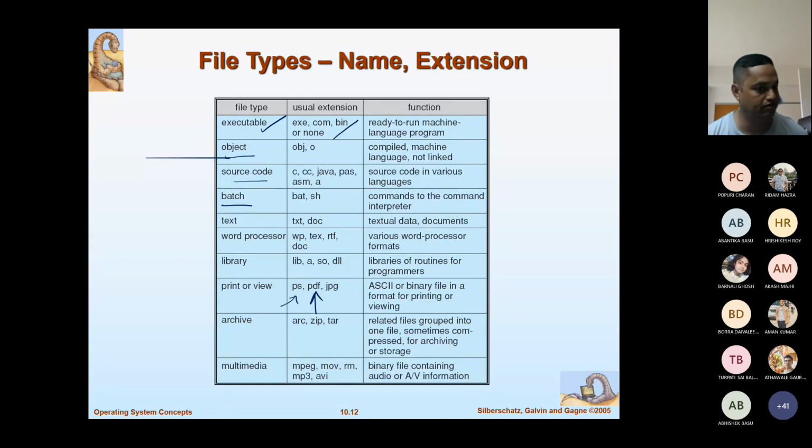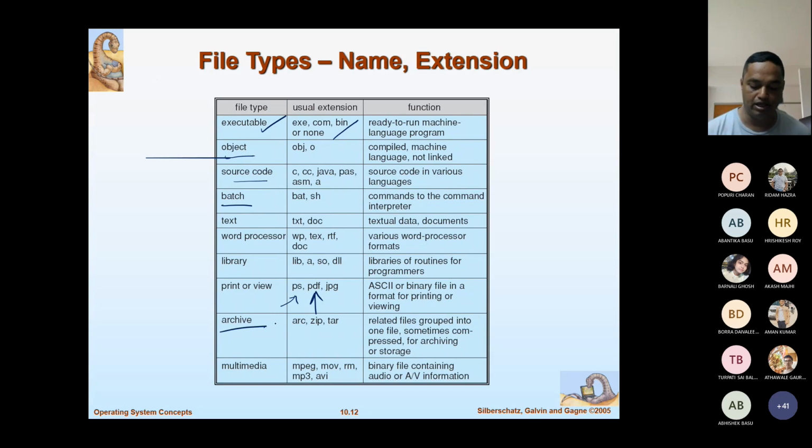That file is called a library file. Similarly for the operating system as well. If you open the Windows system files, most of them have the extension .dll. So .dll is the library file of Windows, or you can say system file of Windows.